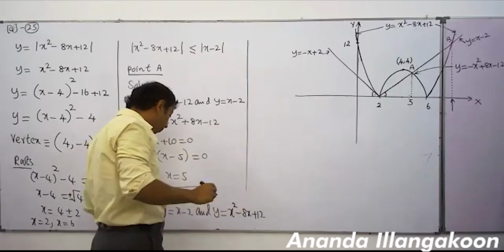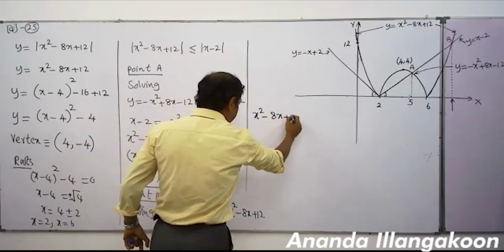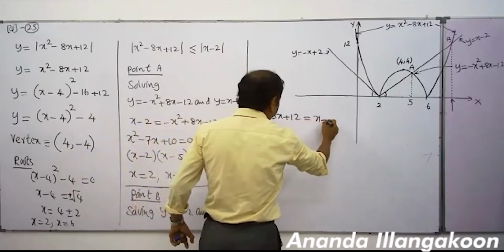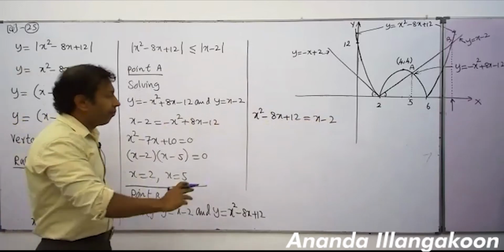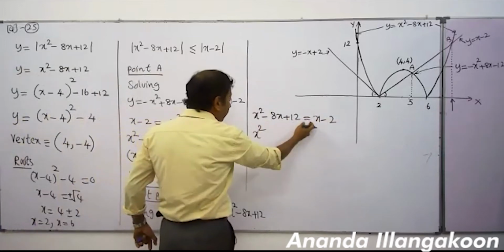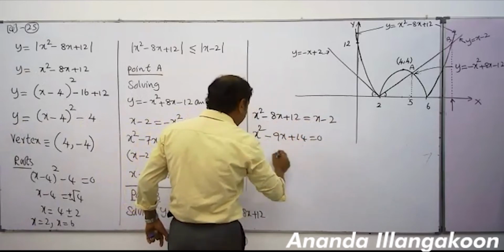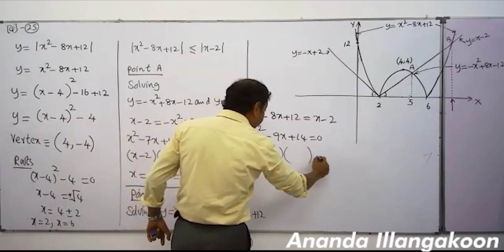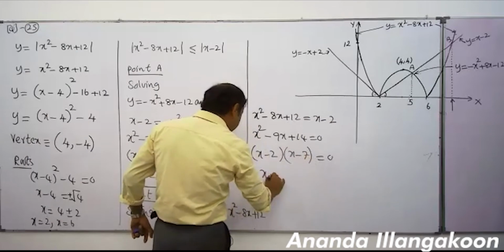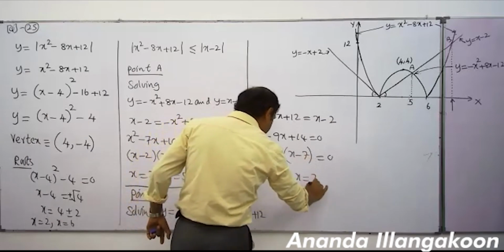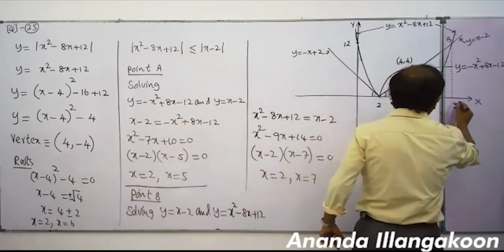Right, now equate them. X minus 2. Right now, people. Now we get there. Take this to the side, x squared minus 9x plus 14. What are the factors? X minus 2, x minus 7. x equals 2, x equals 7. 2 is again impossible. Therefore, this is 7. Right.